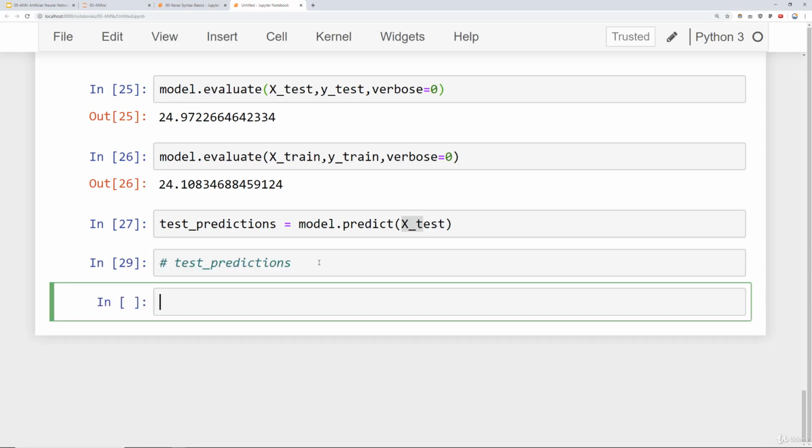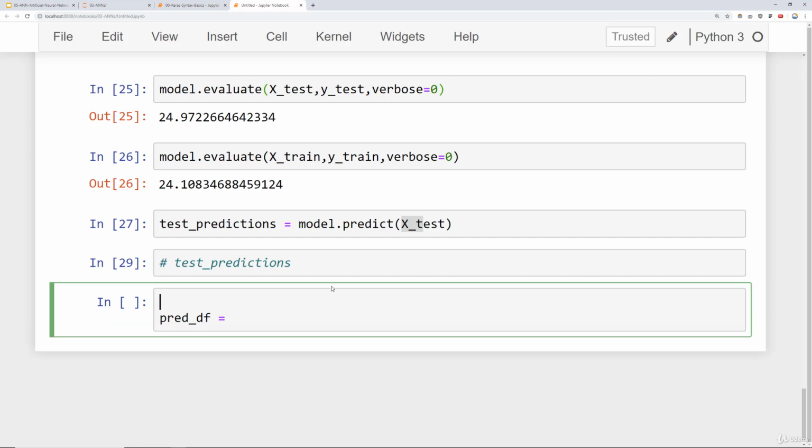So what I'll do is the following. I will create a data frame called pred_df, my prediction data frame. In this case, my test predictions are this model.predict output, and I will turn those into a pandas series by saying test_predictions is equal to pd.Series(test_predictions), and in this case I will need to reshape this to be (300,), and that's just so it matches up with the dimensions that a pandas series call expects.